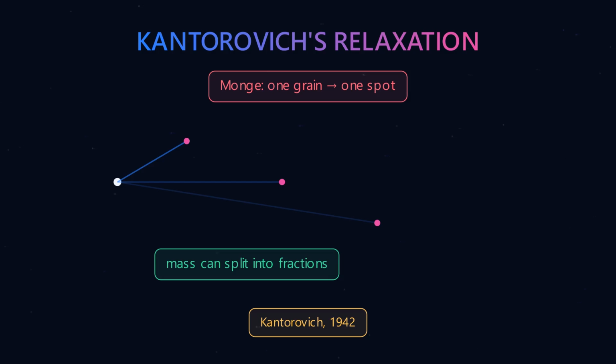Instead of insisting each grain go to one place, he allowed mass to split, a fraction of a grain here, a fraction there, governed by a transport plan that's really a joint probability distribution over sources and destinations. This relaxation is what turned Monge's stubborn geometry problem into the smooth, solvable optimization that modern machine learning actually uses. Together, this is the Monge-Kantorovich problem.